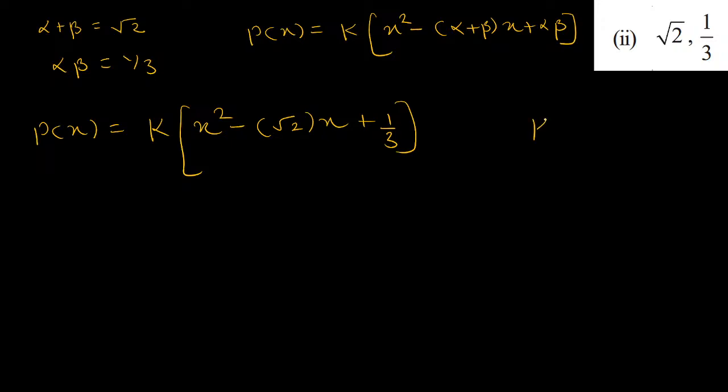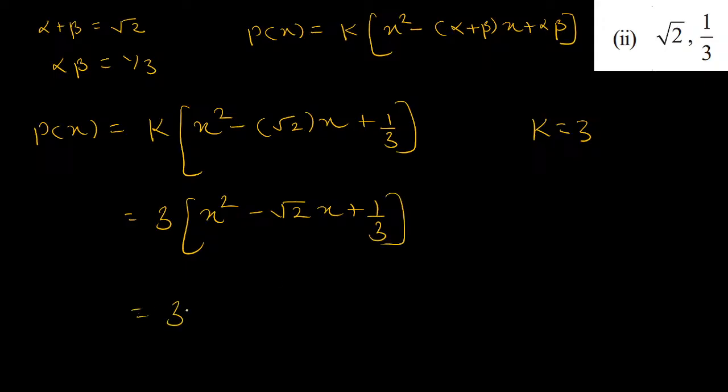What should I take as the value of k? We can see 3 is in the denominator, so I must take k as 3, so that there is no term in the denominator. And we'll get 3x square minus 3 root 2 x plus 1. So these are quite easy questions.